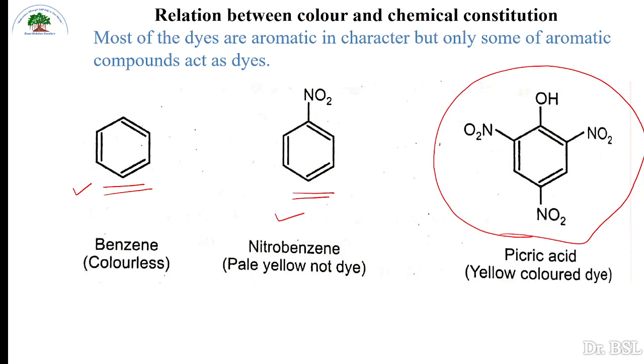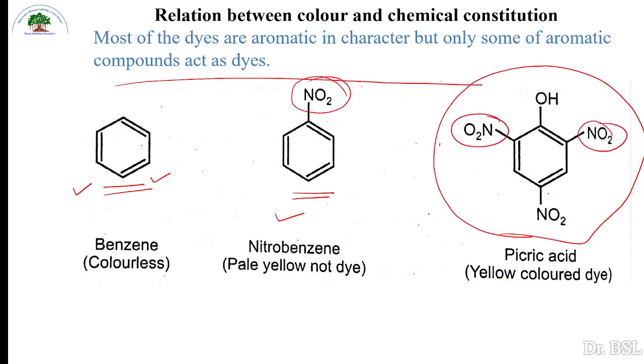The relation between these three structures is that the first has only benzene ring, there is addition of one NO2 group over benzene ring, and here 3 NO2 are on the benzene ring as well as one OH is present on the benzene ring.